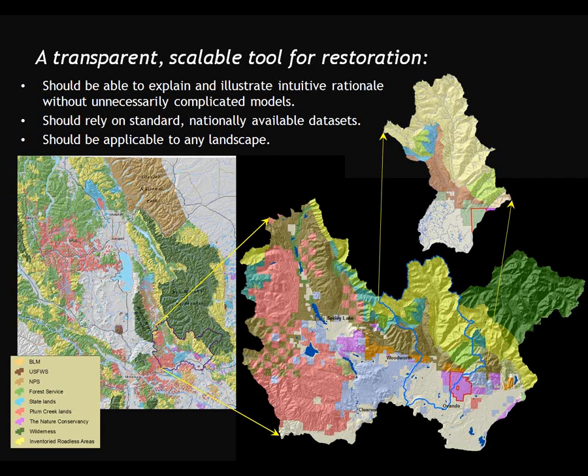We're trying to design this analysis so that you could apply the same logic anywhere. That's why we rely on nationally available data sets, usually agency data sets, so that we can apply them anywhere. And again, these should be pretty intuitive, simple, and easy to explain to people as we roll this out.